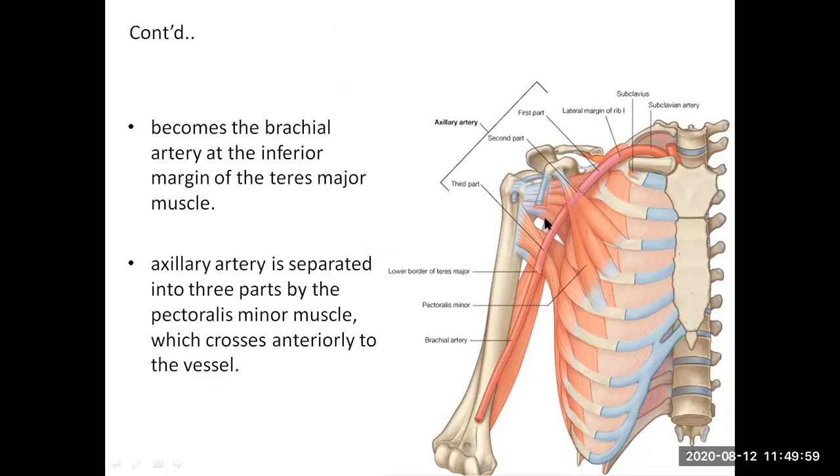Now this axillary artery is divided into three parts by the pectoralis minor muscle.